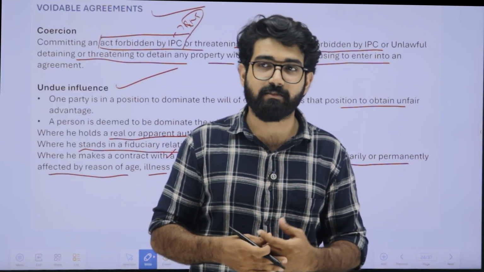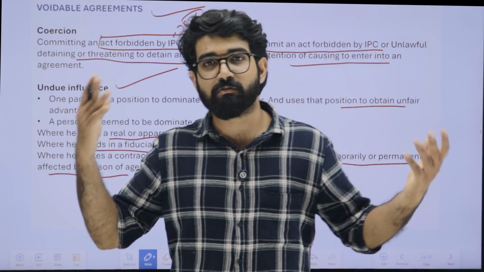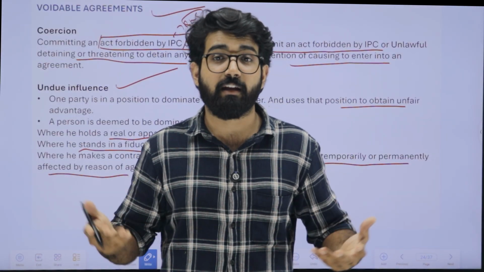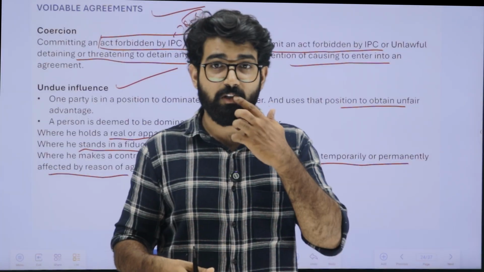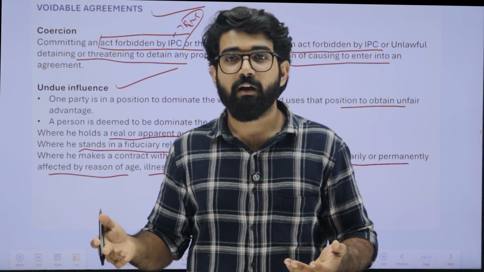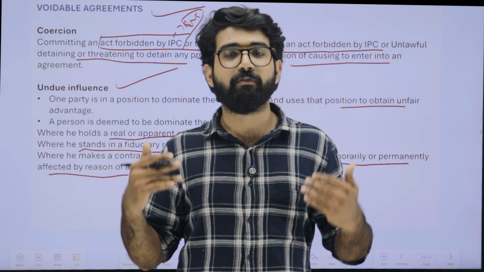There are many instances in which there will be idols, that is Gurujis, Swamijis, Ustads, who will have their own trust and they will ask their followers to give up all their property. They'll ask them to transfer all their property in the name of the trust and come live with them.